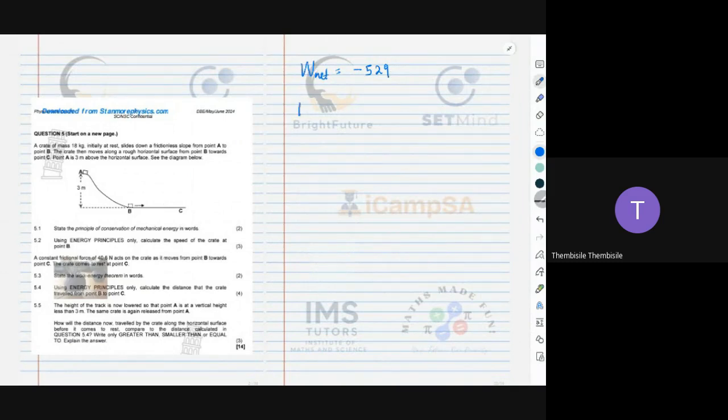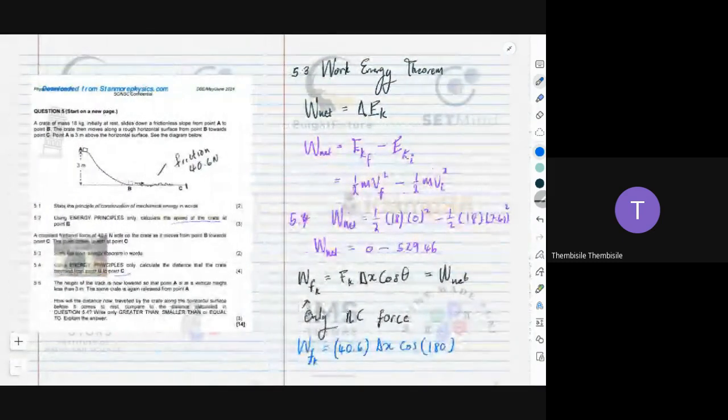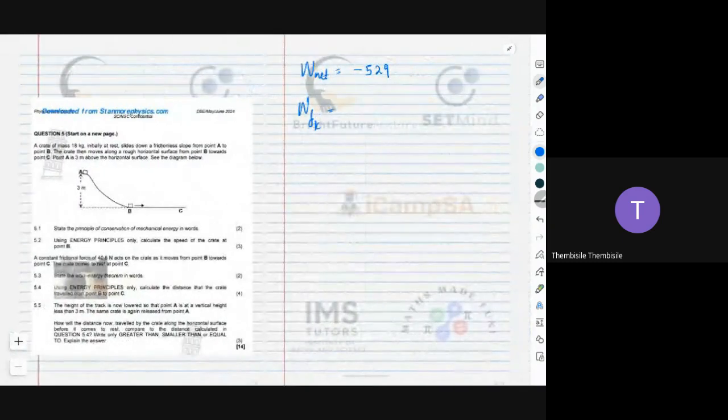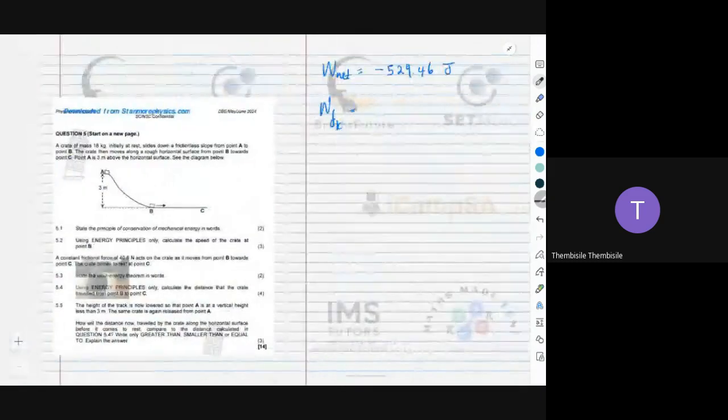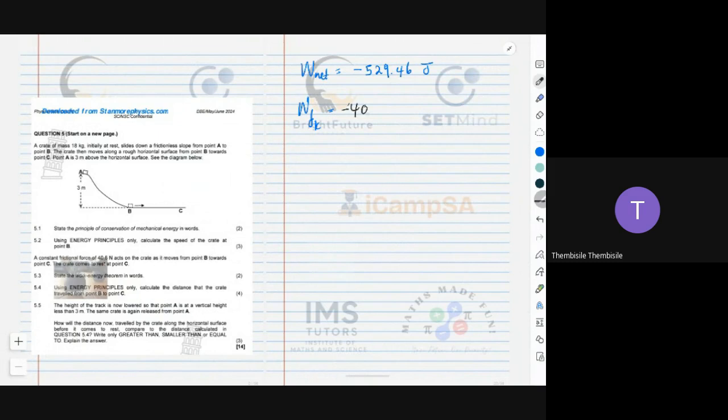Then you have the work done by the frictional force, which is equal to 40.6, with cos 180 being -1. So if this is -1, we're going to have -40.6 delta, which is our displacement.